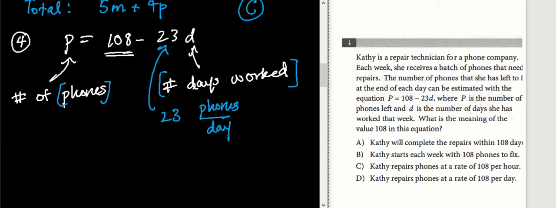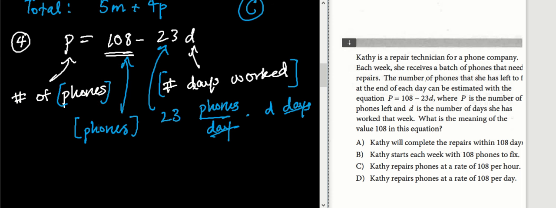This makes sense because when we multiply phones per day by D days, days will cancel out and we'll be left with 23D phones. So when we're adding terms, we have to ensure that the units of the quantities that we're adding are consistent. So that must mean that the units of 108 is also phones.